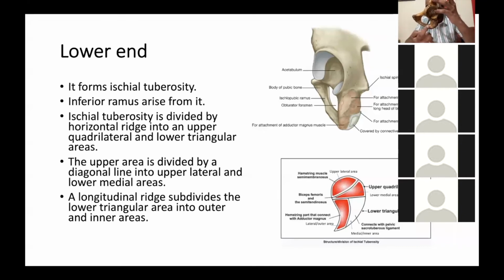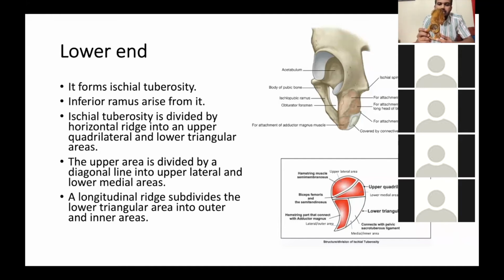This ramus is arising from the lower end of the ischium. So the upper end contributes to the formation of the acetabulum, the lower end forms the ischial tuberosity, and the ischial ramus is also arising from the lower end.